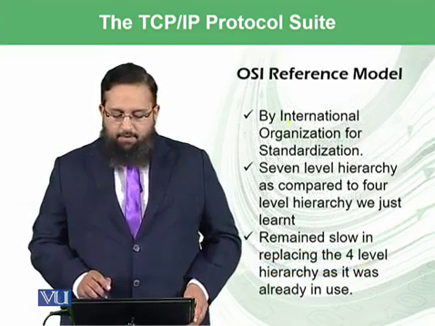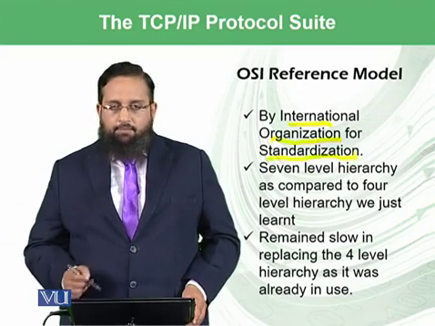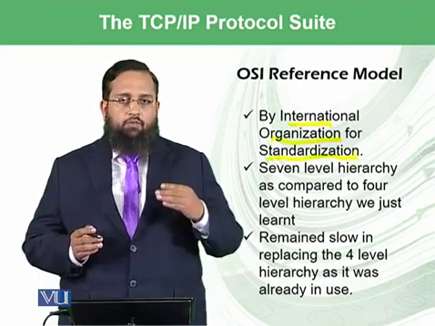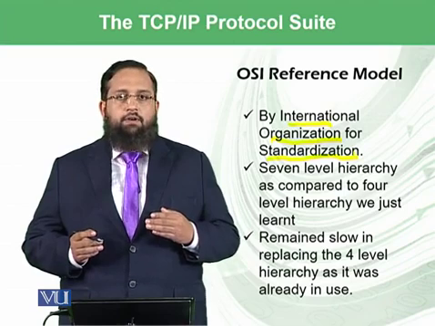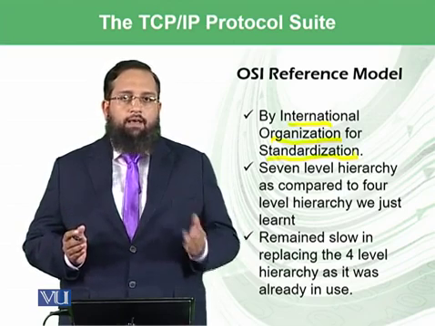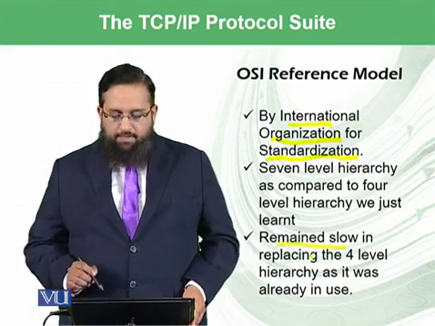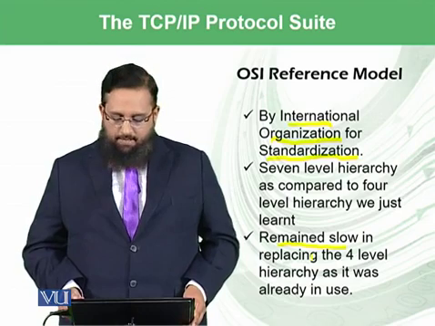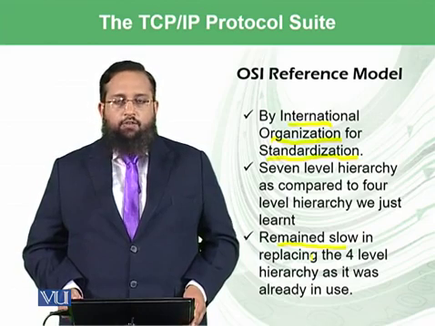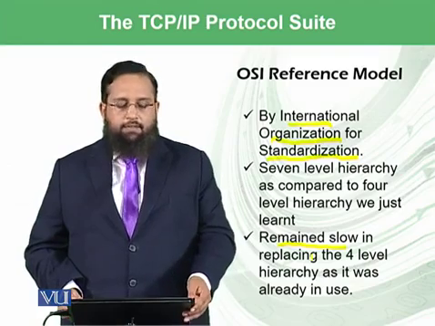It was built by the International Organization for Standardization, and it has 7 layers of hierarchy, compared to the 4-level hierarchy we discussed in previous modules. However, it remains slow in replacing the 4-level hierarchy because that was already in use when the OSI model was proposed as a 7-layer hierarchy.